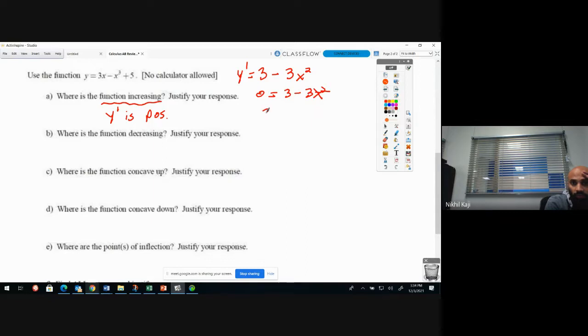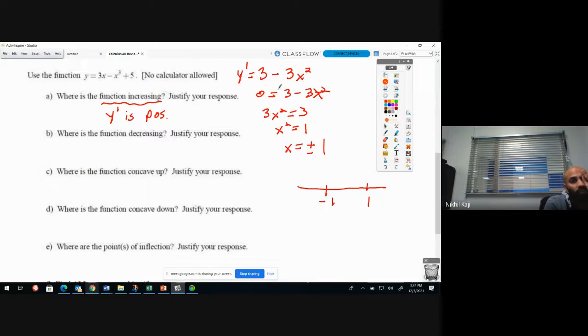Plug numbers back into the derivative. -2.